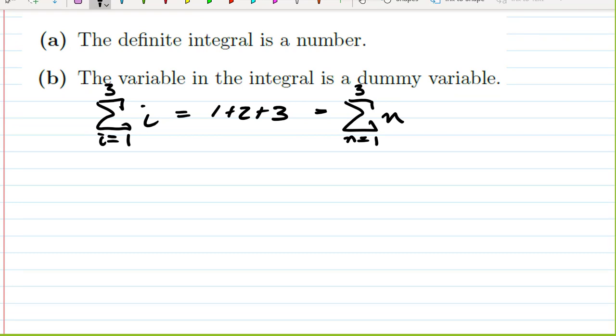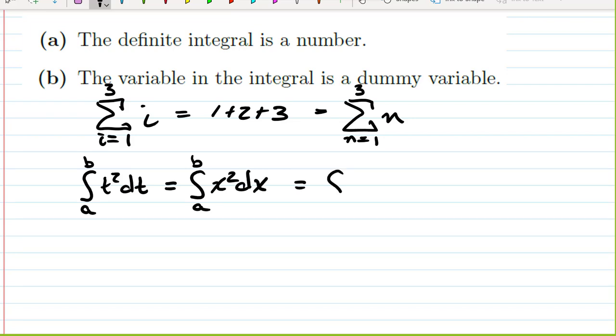The same thing is true for definite integrals. So if I had the integral from a to b of t squared dt, that would be the same as the integral from a to b of x squared dx, which would also be the same as the integral from a to b of happy face squared d happy face.